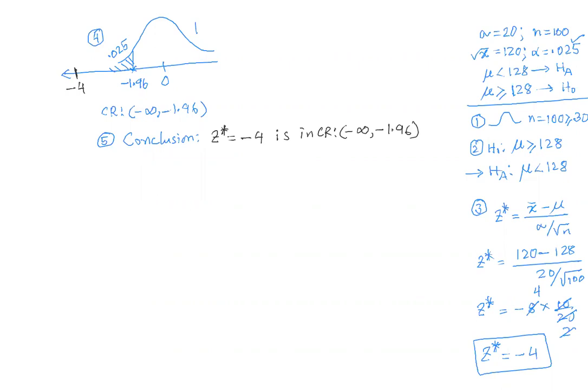It is in the critical region. So reject the null hypothesis, which is this one: mu is greater than or equal to 128. There you go. That's how you will do it.